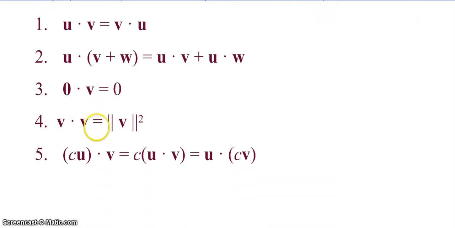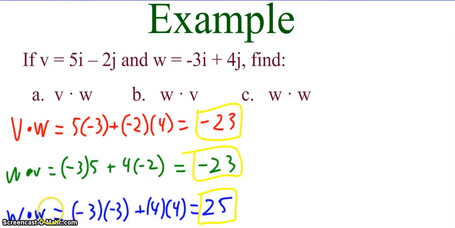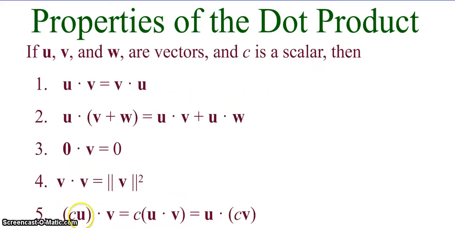And v.v is the magnitude of v squared, which should also make sense if we look back here, w.w. This is what we do to find the magnitude, but normally we take the square root. And c times u.v is c times u.v, or u dot c times v.